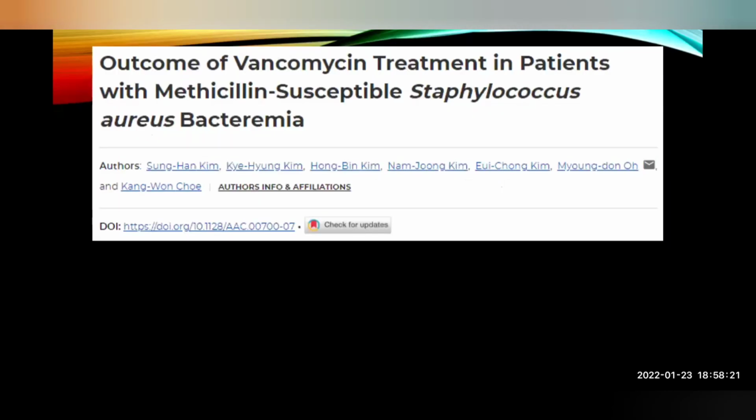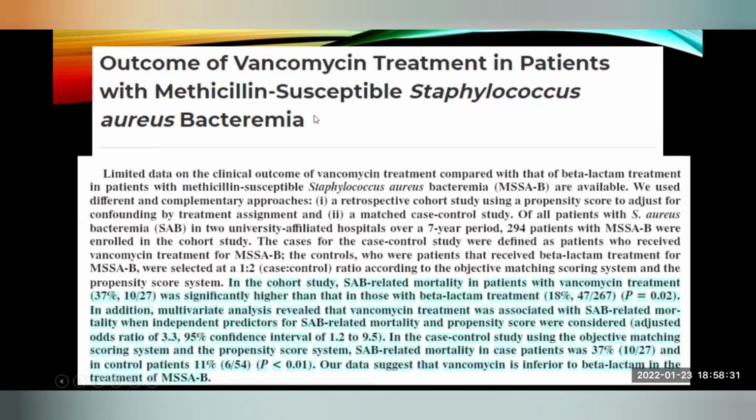Next, this is one more study which looked at the outcome of vancomycin treatment in patients with MSSA bacteremia. Again, the SAB related mortality in patients receiving vancomycin was significantly higher than beta-lactam therapy, and even the multivariate analysis showed that the odds ratio of higher mortality is around 3.3.